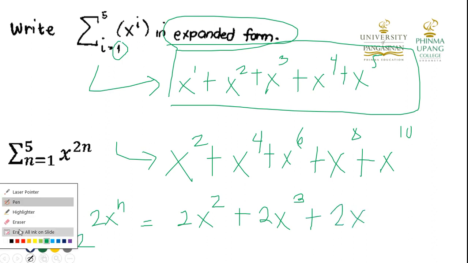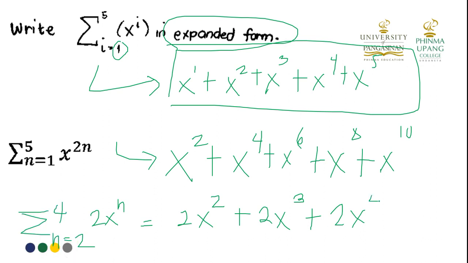Palitan natin to para hindi kulang. Lagyan natin ng 4, 2x raised to 4. So, nag-start siya ng 2, 3 hanggang 4. Because n lang po yung papalitan, as x is the variable and 2 is the base. Did you get it po? Yes, sir. Simple step. Okay?